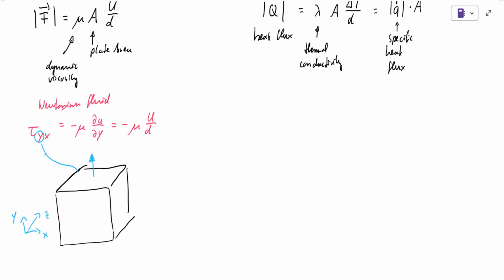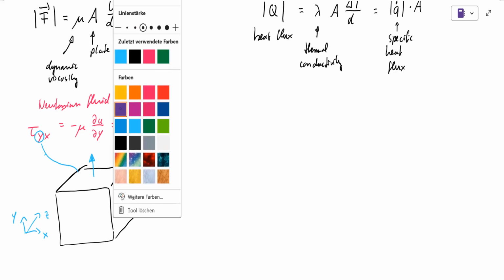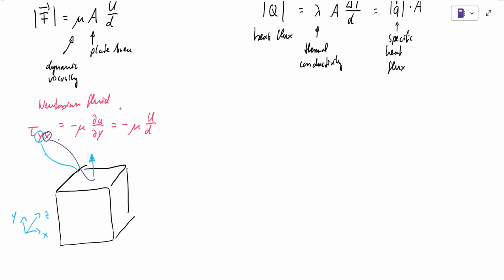And the second, the x, is the direction of the shear stress. So the shear stress is a tensor. And if we look at the subscripts, then we see that the first one gives us the area of this cube we are looking at, and the second one is the direction. So in this case, tau yx is exactly this part of the shear stress.